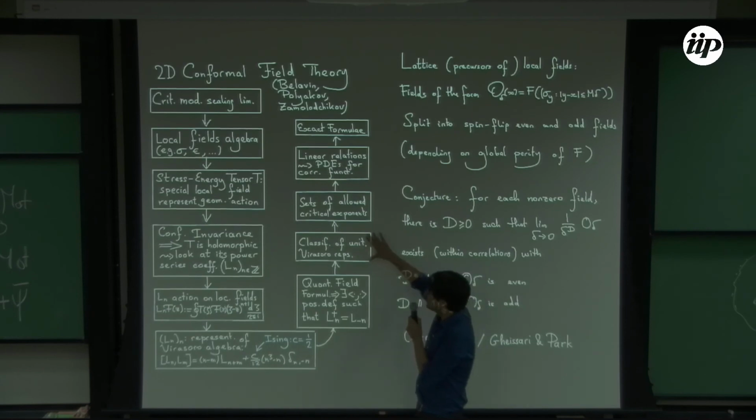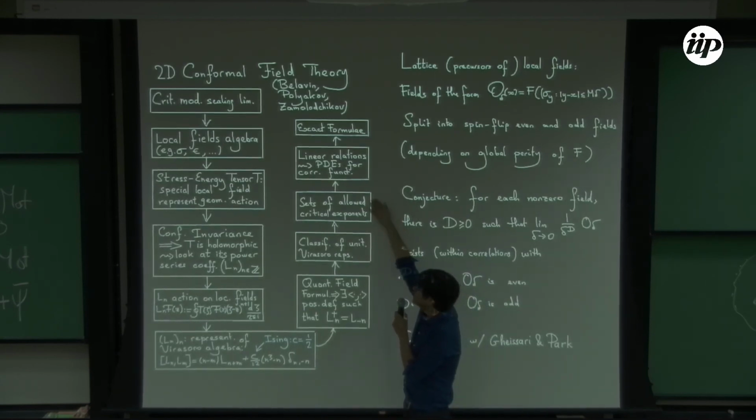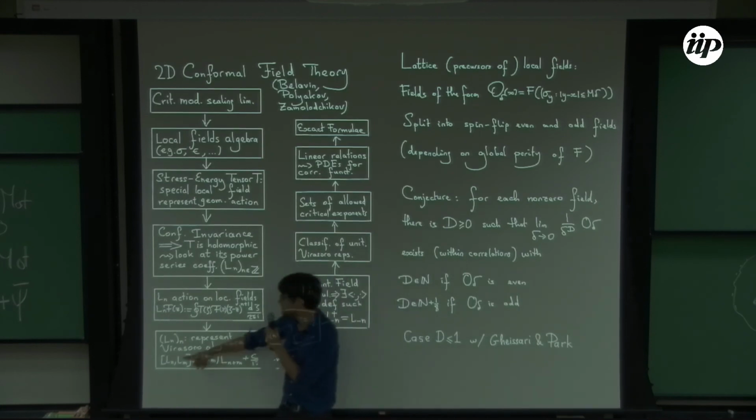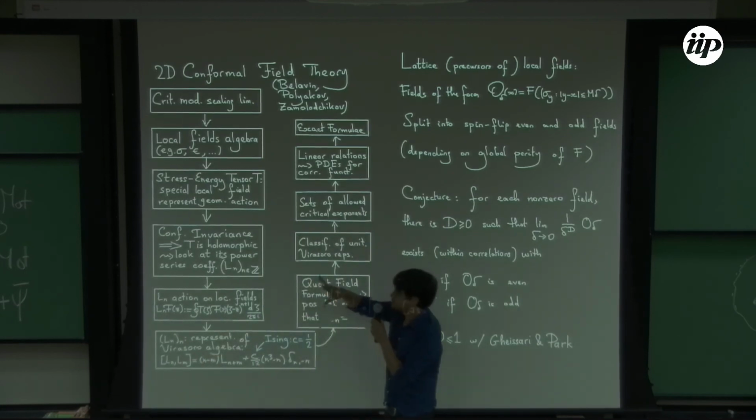But okay, anyway. Once you have these representations, you get that they form a very classified family, which allows you to classify the L0 eigenvalues, which are the ways you react to scalings, which are the allowed critical exponents.